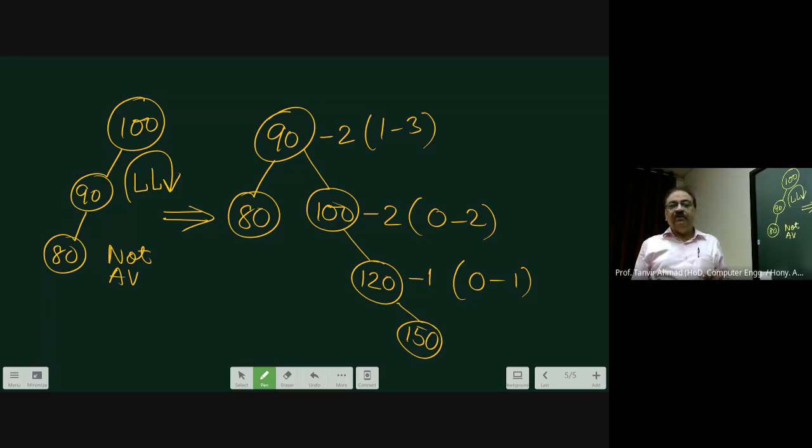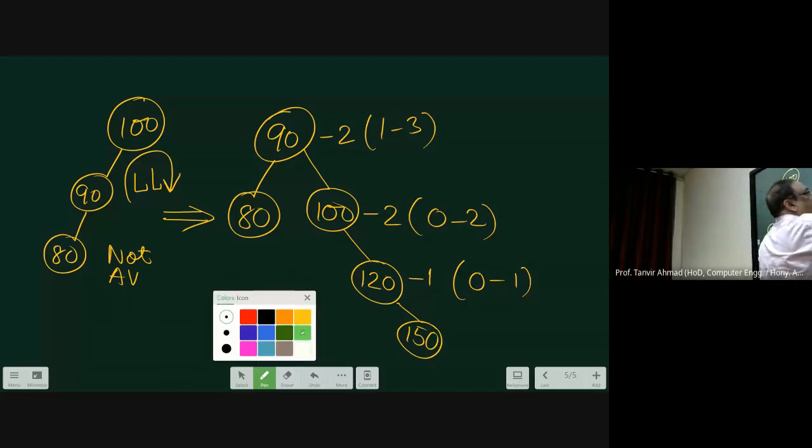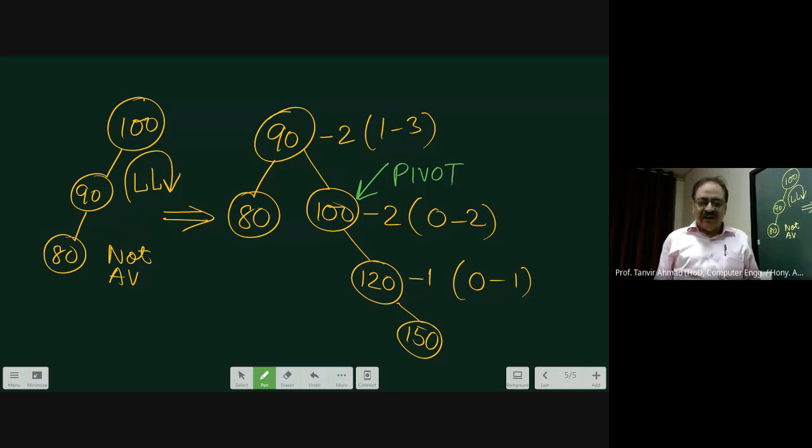But the pivot will be the one which is nearer to 150. In that case, this will become the pivot. Why? Because 100 is nearer to 150 than 90.